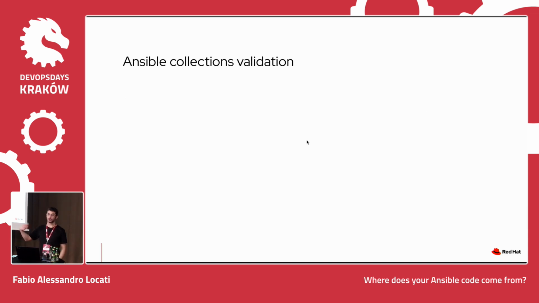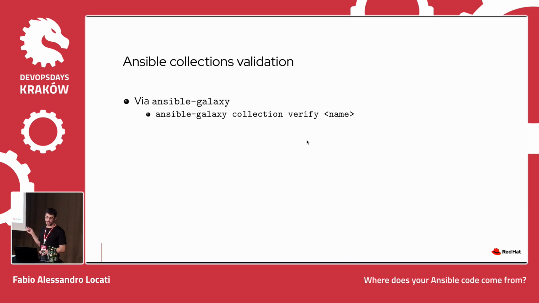Now, speaking about validation, we do have multiple ways, and we will need to use multiple ways to validate this. First of all, you can do it manually via ansible-galaxy collection verify, and it will verify this. This is very useful for your PC or on your machine, but not very useful in the bigger schema of a production pipeline.